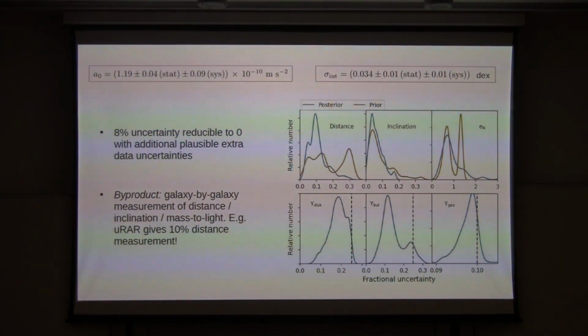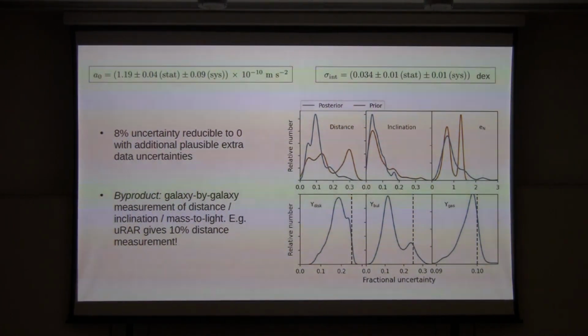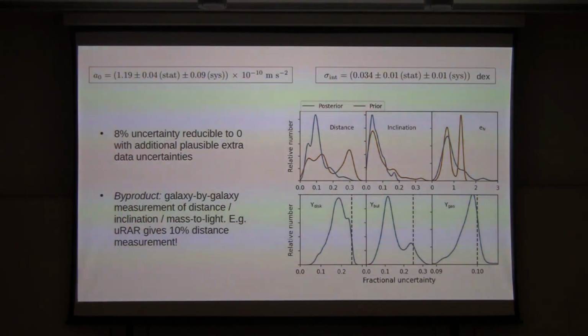What I show on this plot here is the distribution of fractional uncertainties in these galaxy parameters in the prior, in orange, and at the best fit point of the posterior in blue. You can see, for example, that if I look at the galaxy distances, this bump here in the prior corresponds to distances that have been estimated just from the Hubble flow, which were given a fairly large fractional uncertainty.